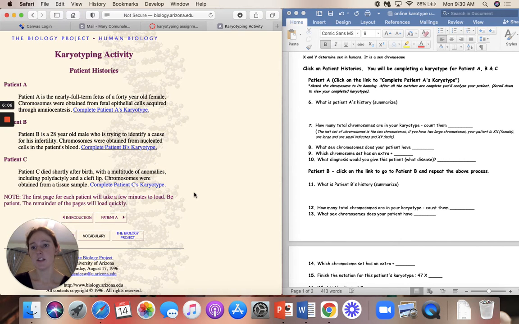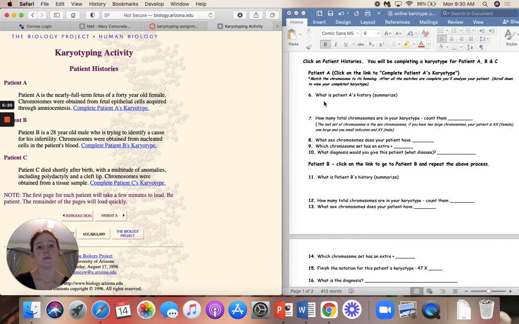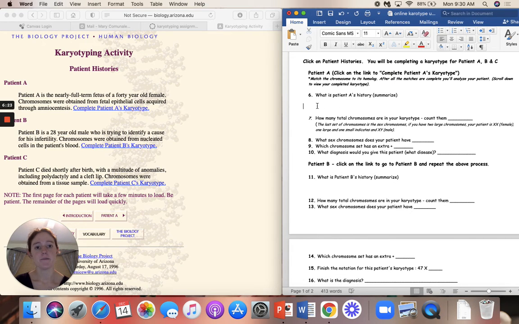So I'll click on patient history. Here we have patient A. And our instructions here, it says match the chromosome to its homolog, which is its matching pair. After all the matches are complete, you analyze the patient, scroll down to view your completed karyotype. So what is patient A's history?